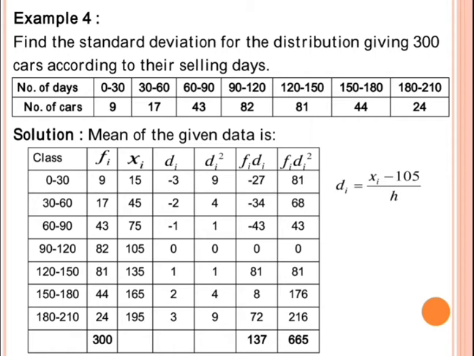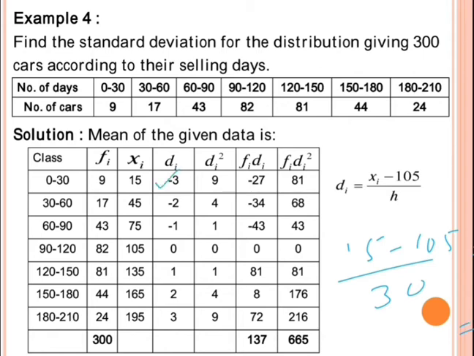See, xi, that is 15, minus 105 divided by 30. Okay, on simplifying this, you get minus 90 upon 30, which simplifies to minus 3.